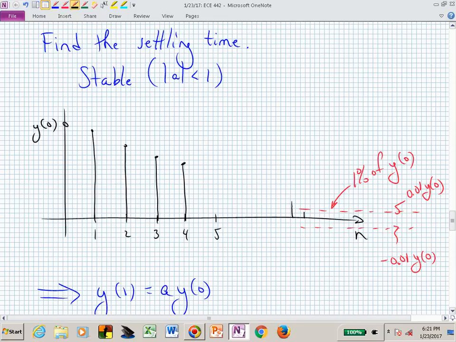So now, the question was, wait a minute, that's not quite true, because now we've halved our sample period, and that's true. Now we would maybe be at 1.55, for example, or 1.54, because now we're sampling our system finer.